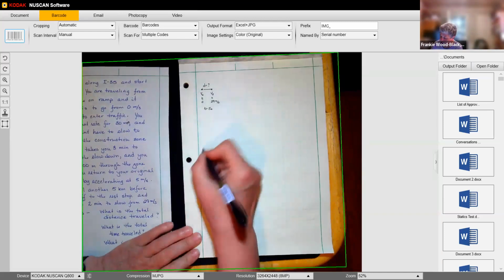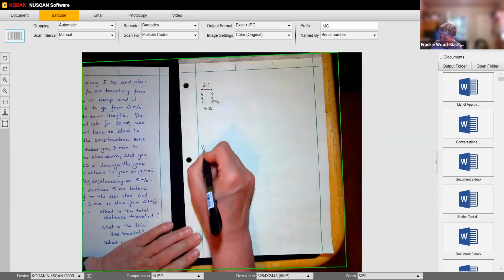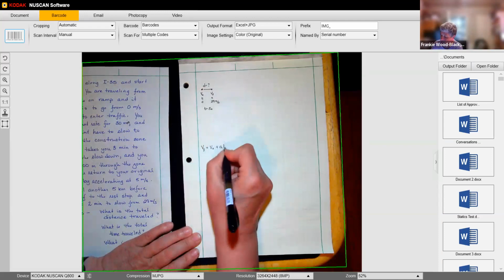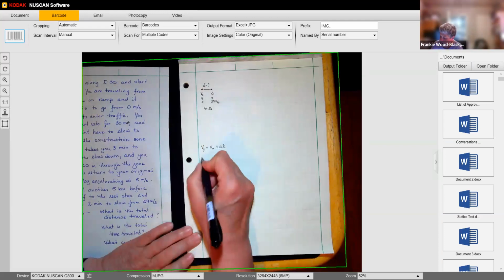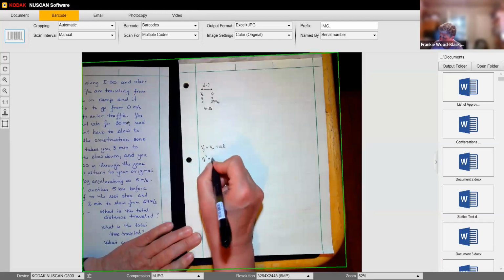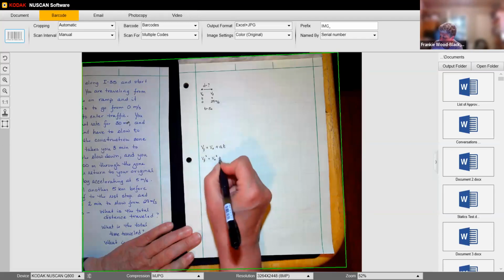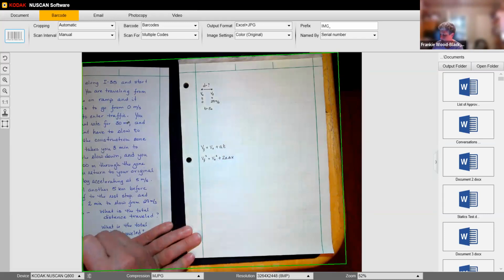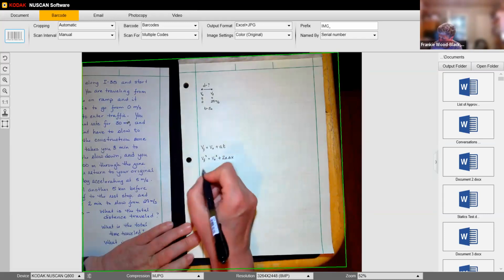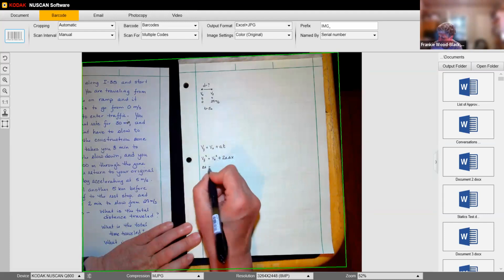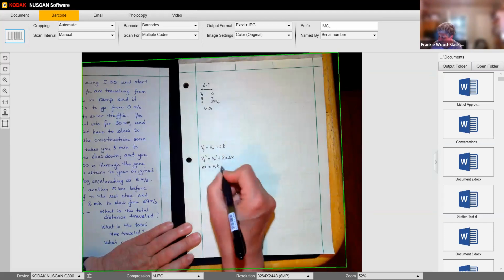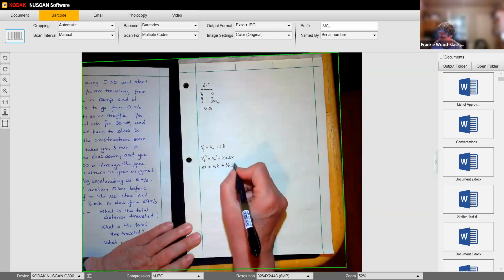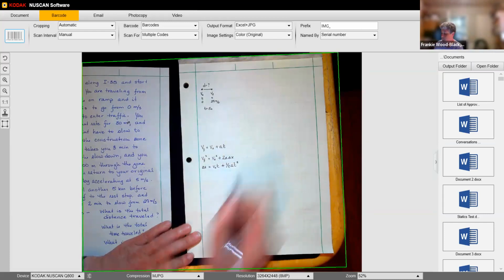So let's also write down our toolkit. Velocity final is equal to velocity initial plus acceleration times time. Velocity final squared is equal to velocity initial squared plus 2 times our acceleration times our change in distance. And we have our change in distance is equal to our initial velocity times time plus 1/2 the acceleration times time squared.